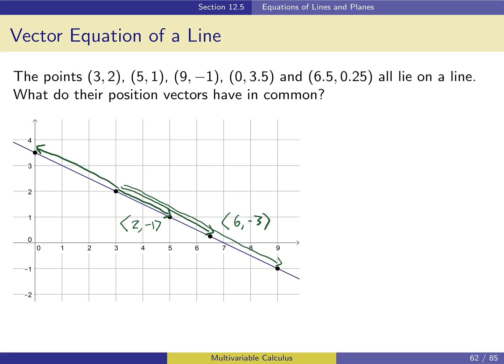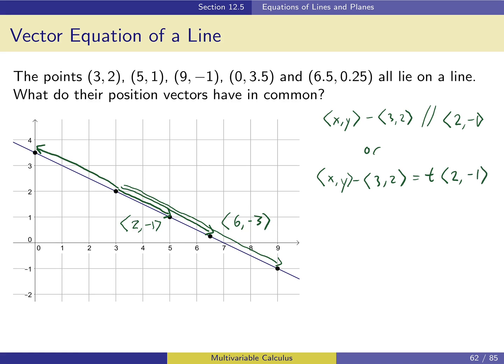What that means is that for any point on this line, its position vector <x, y> minus the position vector <3, 2> is parallel to <2, -1>. Another way we could write that is <x, y> minus <3, 2> is equal to some multiple t times <2, -1>.